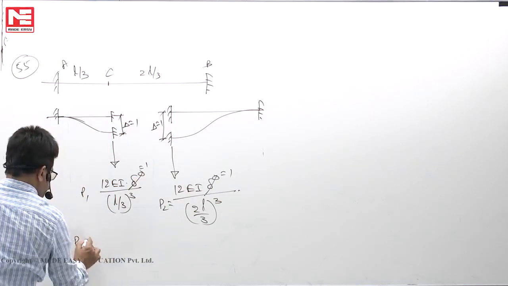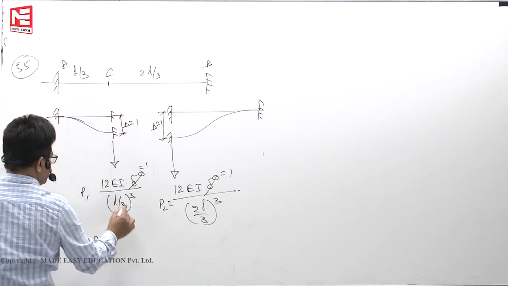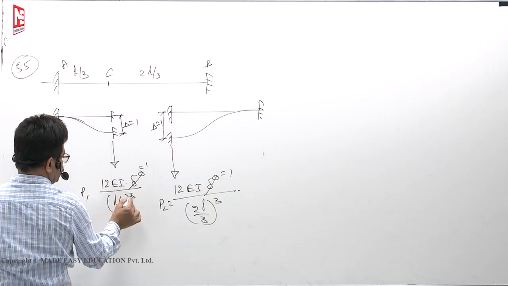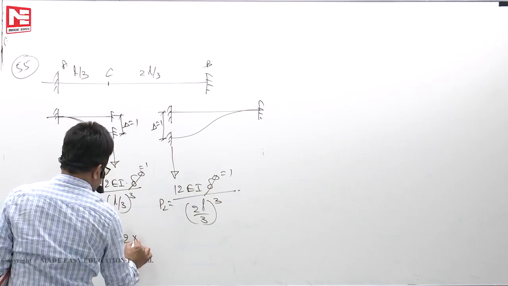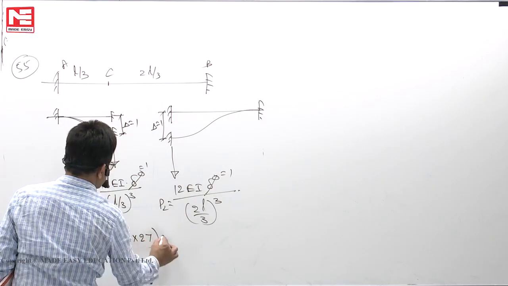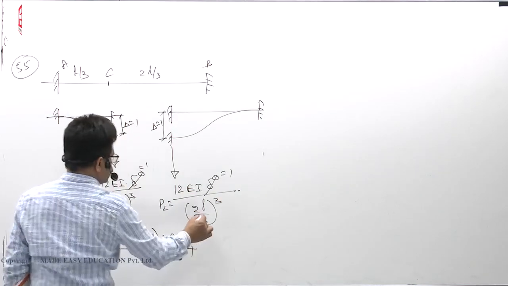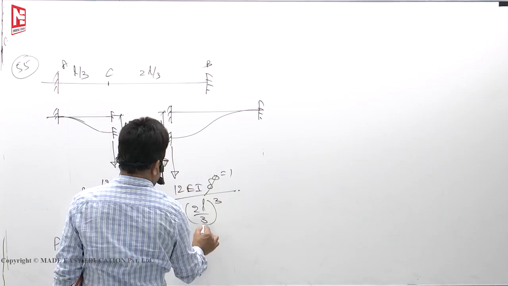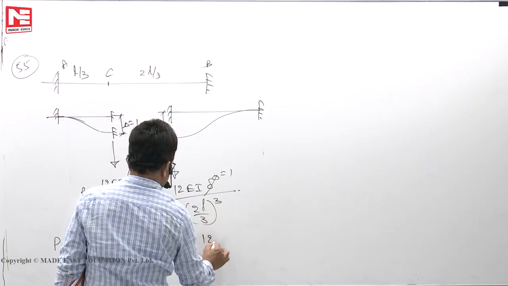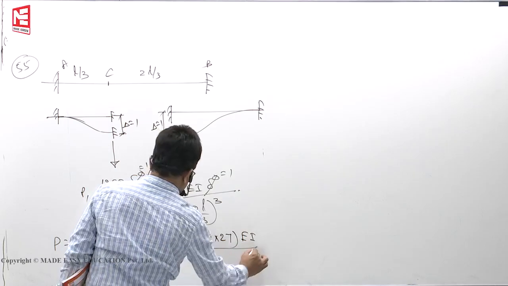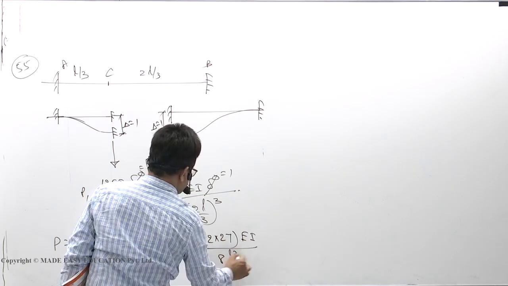Why? Both beams you have to push down by 1 unit. L by 3 cubed, I can write as 3 into 3, 9 into 3, 27. 12 into 27 into EI by L cube plus 2L by 3, 12 into 27 into EI by 8 L cube.